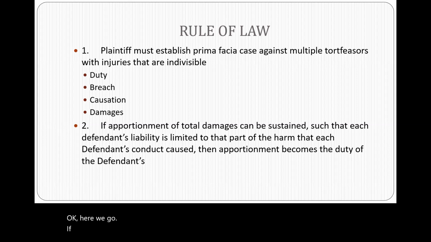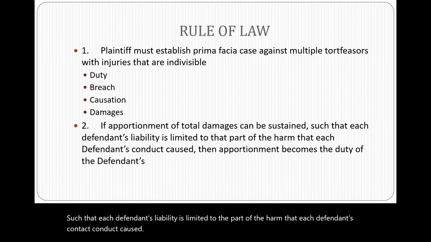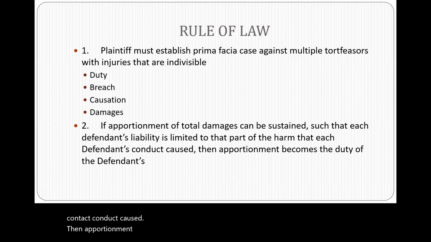If apportionment of total damages can be sustained, if it's achievable, if it is calculable, if it can be determined such that each defendant's liability is limited to the part of the harm that each defendant's conduct caused, then apportionment becomes the duty of the defendant.